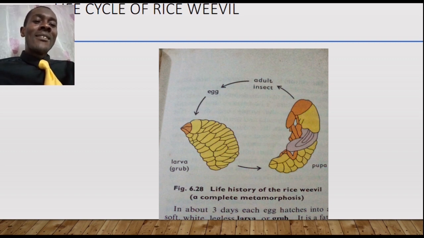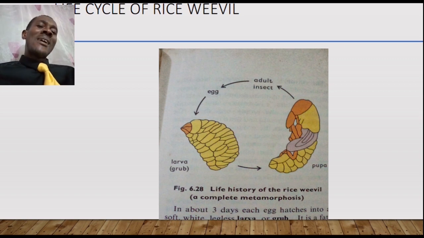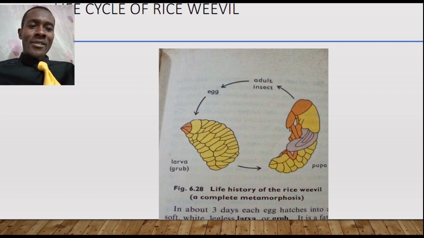When the pupa develops, it will develop into what is known as an imago. Imago is a young adult which can start feeding on the rice grain. And you also have the beans weevil as well. But the one on your screen is for rice, and they attack mainly rice grain.